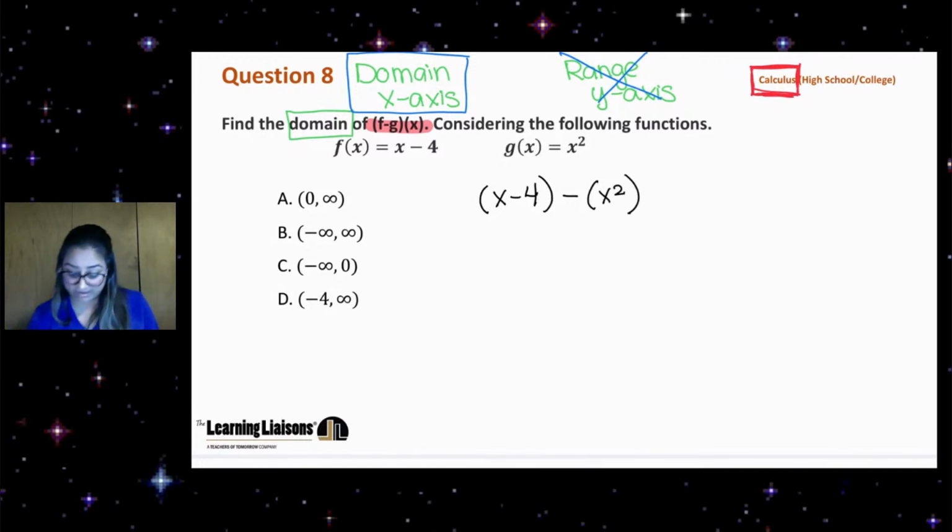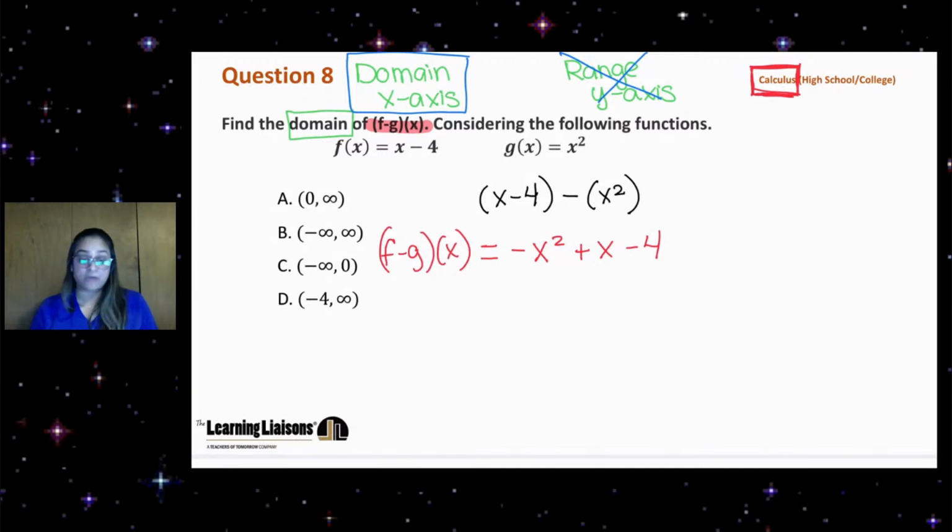So now we have f minus g of x is, I apologize, negative x squared plus x minus 4. That is what f minus g of x looks like.